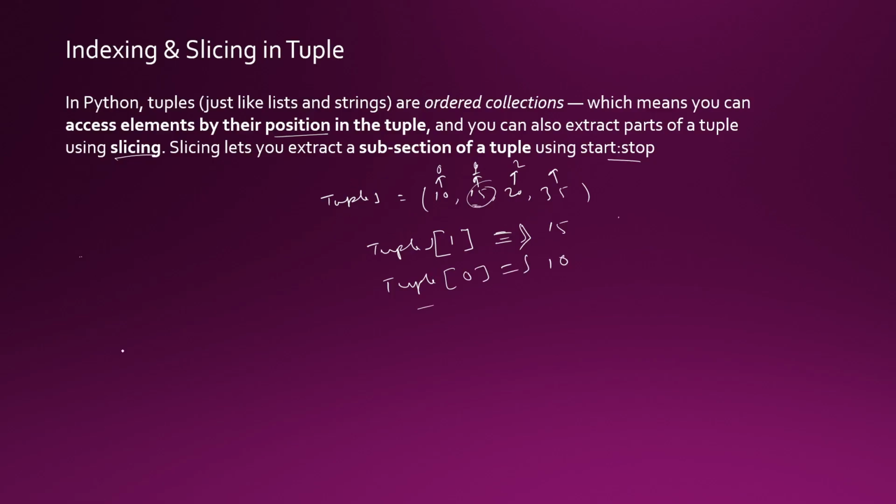Next is slicing. Just like list and string, suppose this is my tuple: 10, 15, 20, 30, 40, 50, 60. So the index positions are 0, 1, 2, 3, 4, 5, 6.